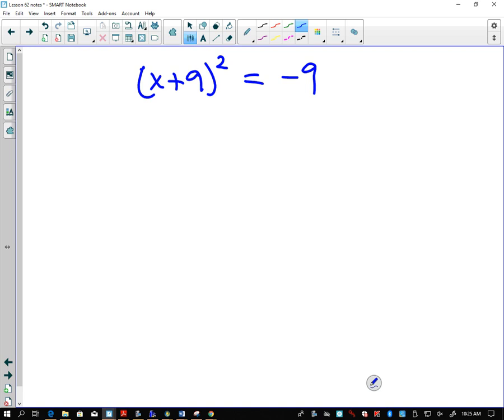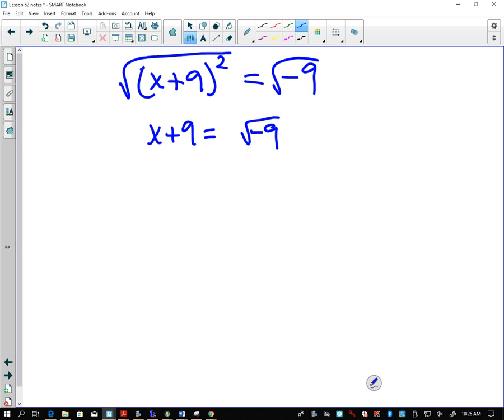What's the first thing that we can undo? We could square both sides, right? Could we do this? That might be simpler. So that would give me x plus 9 equals the square root of negative 9, right? Yes? Okay.